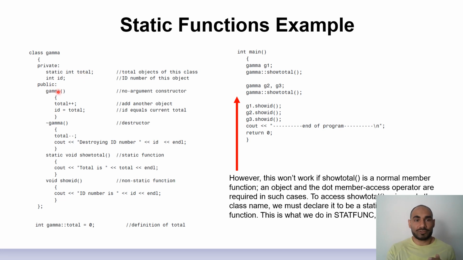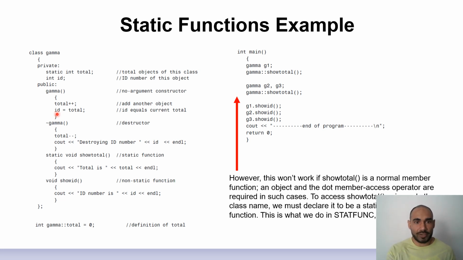When we create the first object, this will become 1, and the ID of the first object will become 1. And then when we create another object, we call this constructor again, because total is shared among all the objects. Total will become 2, and the ID which is not shared will become 2. Every object will have a separate ID. However, the value of total would be the same for all the objects.